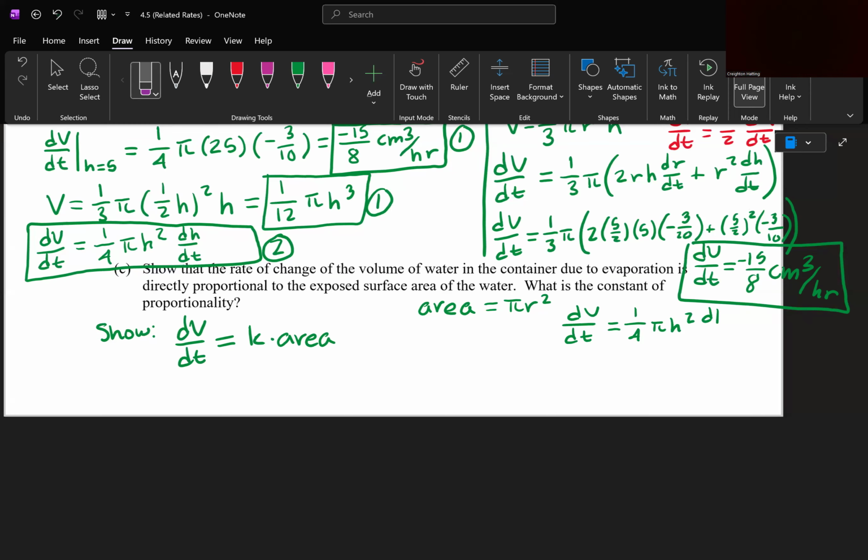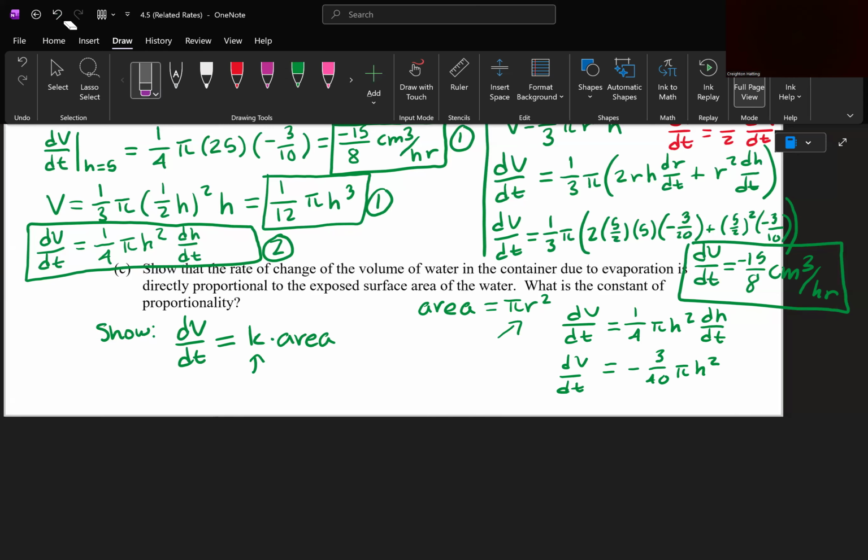What is dh/dt? It is negative 3/10. So when we plug that in, we're going to get negative 3/40 pi h squared is dV/dt. Mr. Hadding, we want to show pi r squared times k.